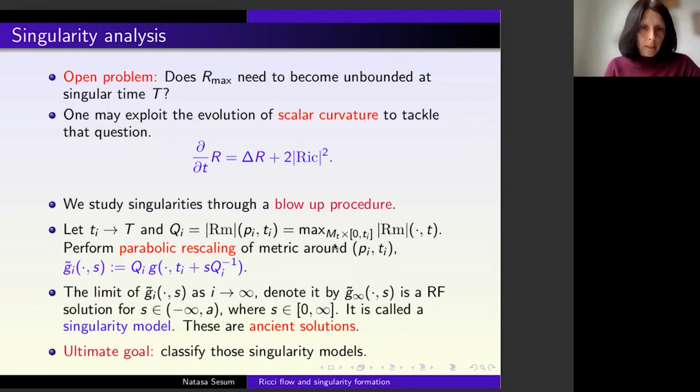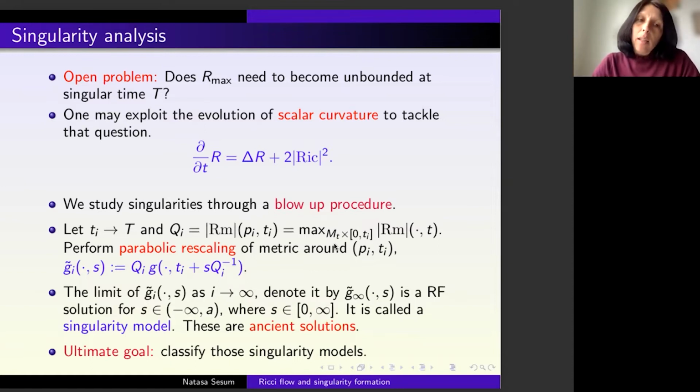You rescale in such a way that this, what I call g̃_i, is still a solution to the Ricci flow equation. You have to multiply the metric g by Q_i, and you also have to change the time, so we introduce this new time s and shift it by t_i. So you see how we do the rescaling.